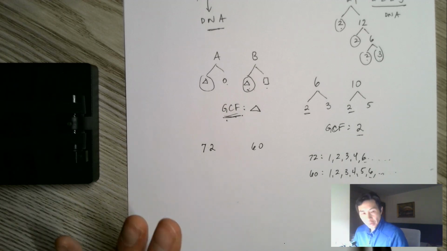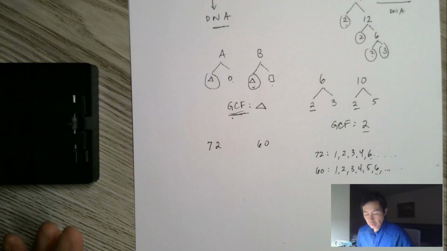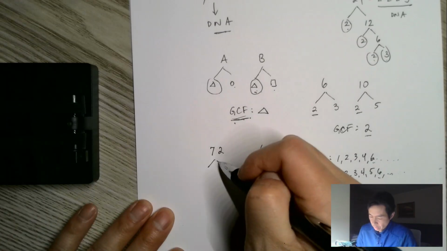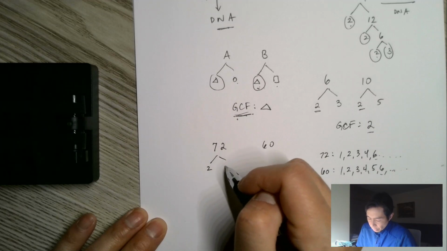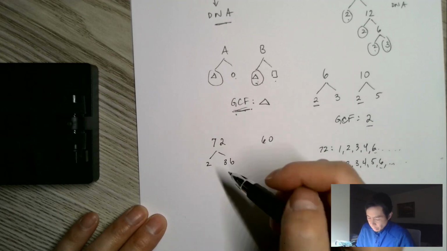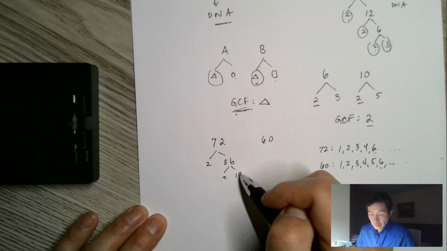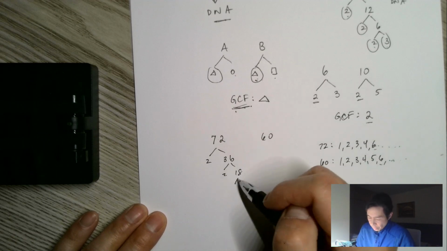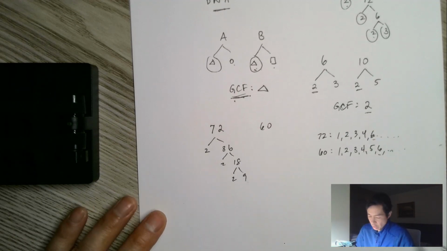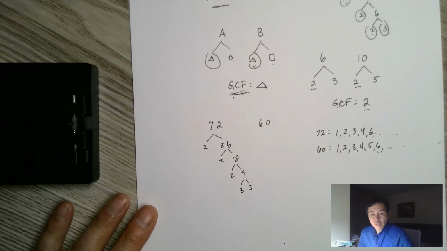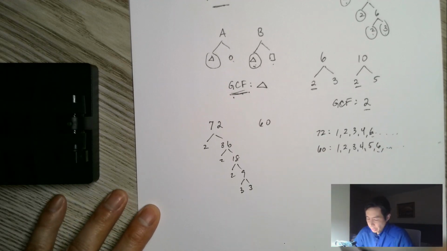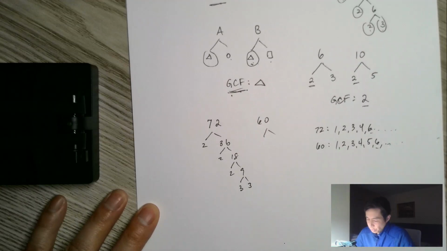Now, let's compare that to the factor tree method. So I start with 72. I go 2 and 36. I keep going. I go 2 and 18. And then 2 and 9. And then finally 3 and 3 branch off from the 9. Okay, now I go with 60. I'll start with 2 and 30.